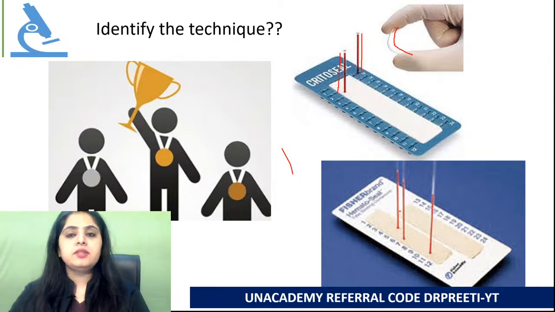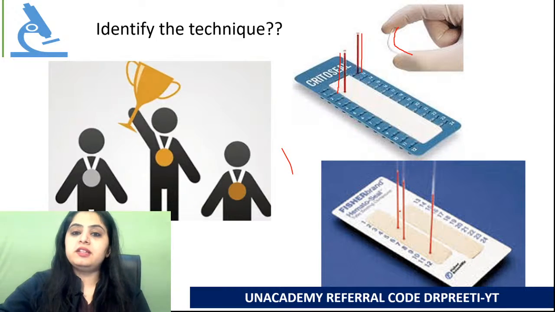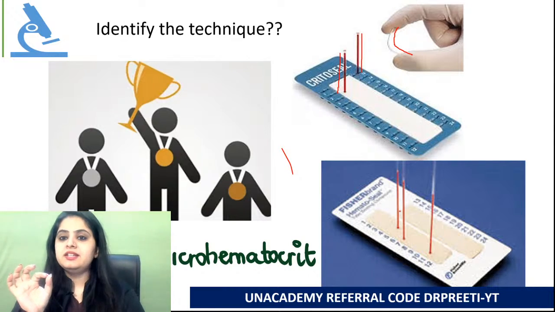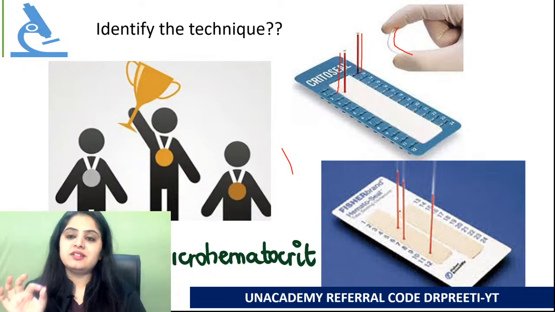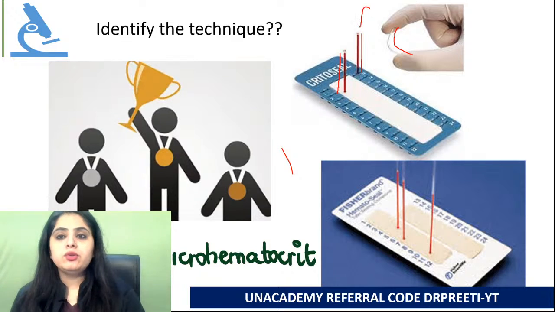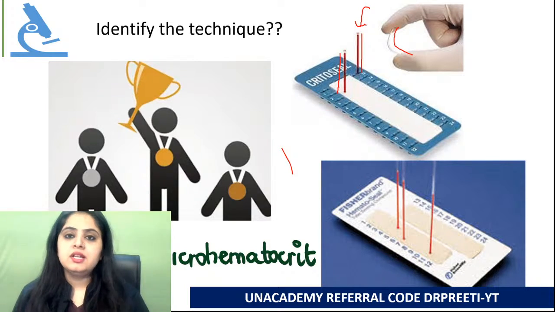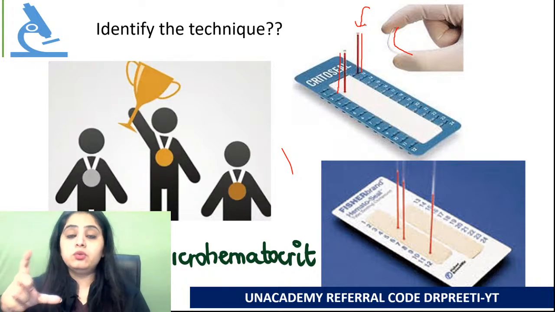It's the same thing that we just studied. Instead of doing it in a big tube, that is the Wintrobe's tube, can I do this in a small capillary, that is microhematocrit? Because maybe I want to test it for a pediatric patient. Maybe I have an ICU patient and I didn't get a good amount of blood sample.